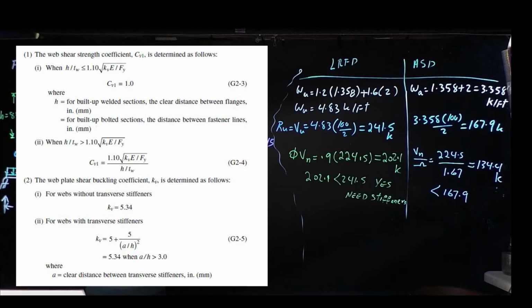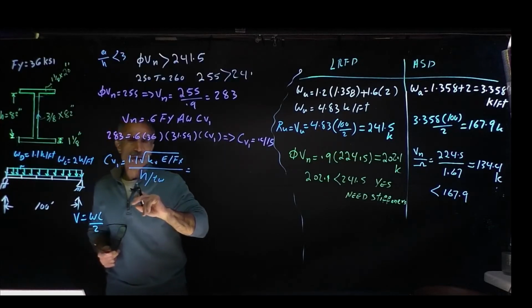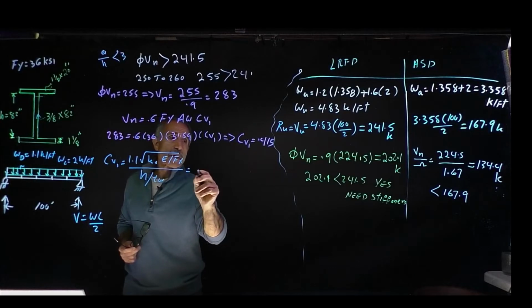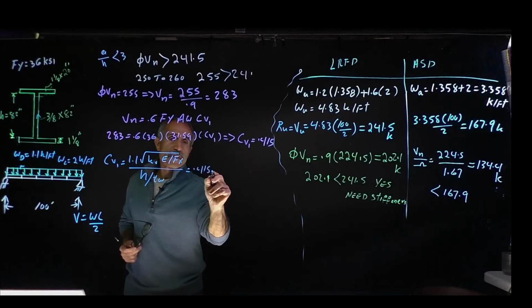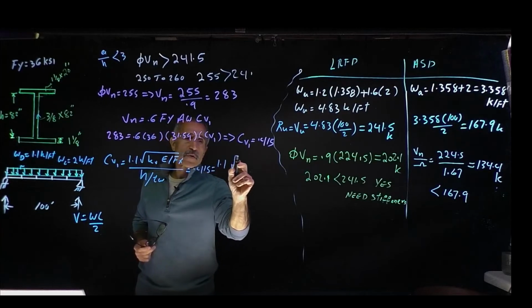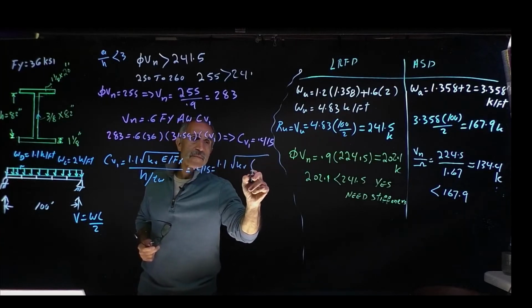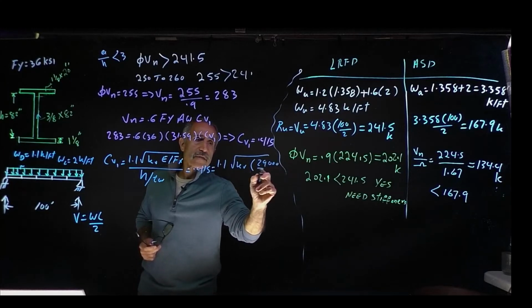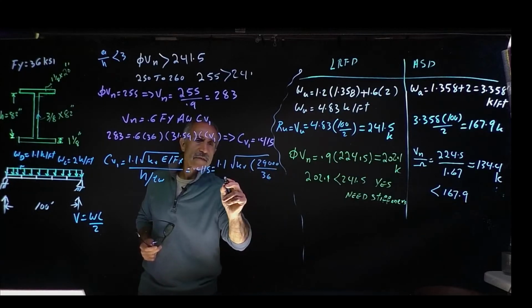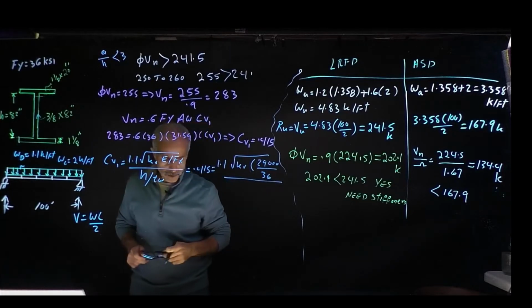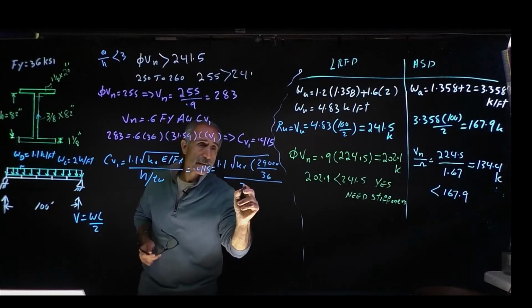We know the Cv1 equation is, it's on the board that we have, 1.1 square root of kv times E divided by Fy, divided by h times h divided by tw. So we know everything except for kv. And we're going to say Cv1 came out to 0.415 equal 1.1 square root of kv times 29,000 divided by 36, and divide the whole thing by h over tw, which came out to 219.